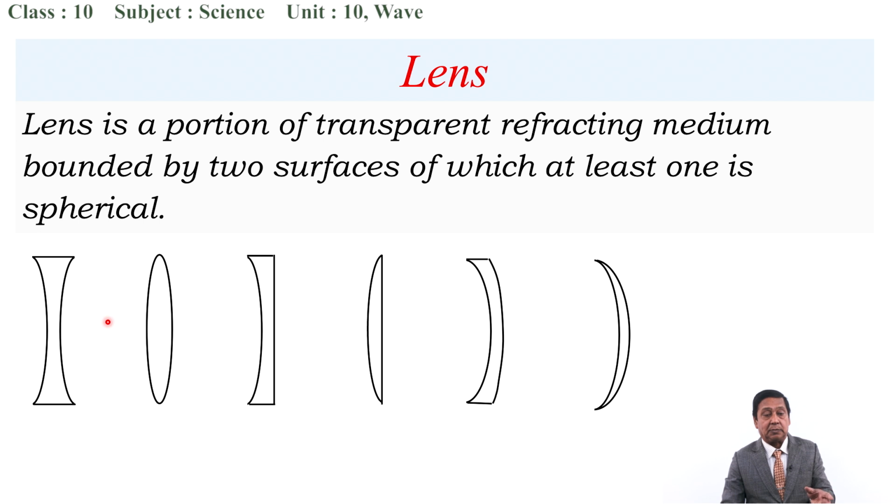The light enters from this surface and comes out from the opposite surface, or light can come from the opposite surface and reach the first surface. In each lens, it is bounded with two surfaces, but one of them should be spherical, or maybe both the surfaces are spherical.